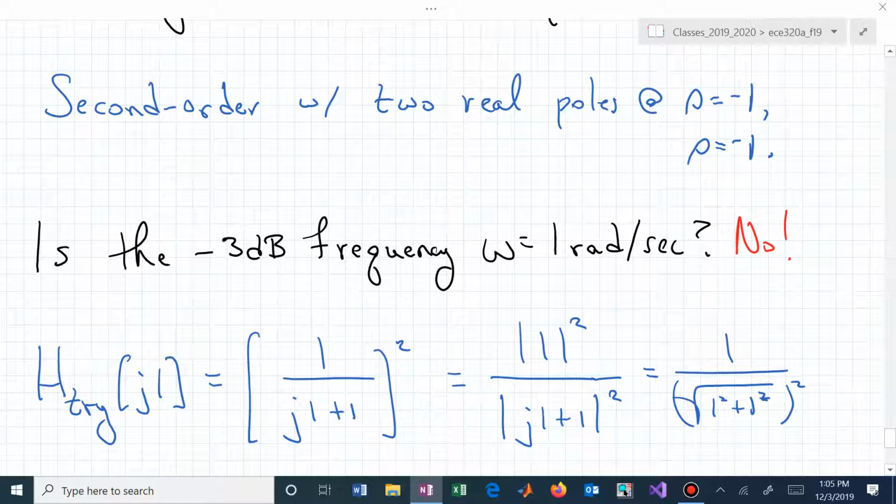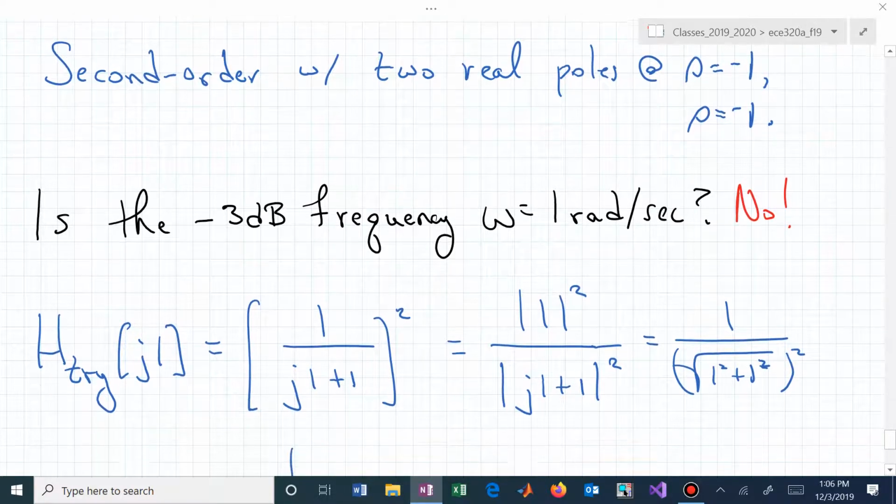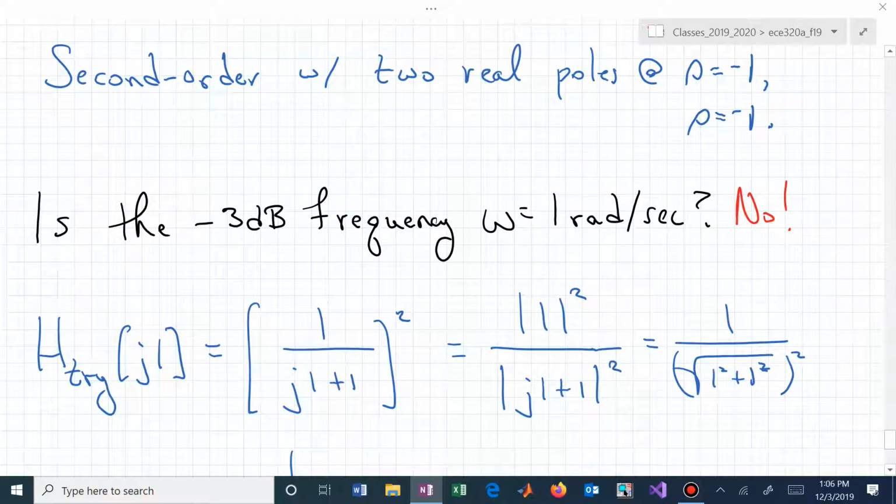We do exactly the same process. We replace omega with omega equal to 1. But now we're squaring that original 1 over j omega plus 1, because we've now doubled our filter order. We have a second order filter. Downstairs, we're still looking at 1 plus j1, but now we're squaring that because we have two of them.